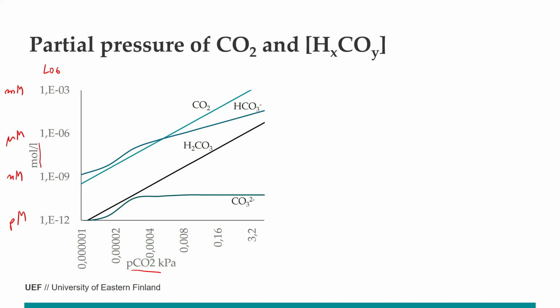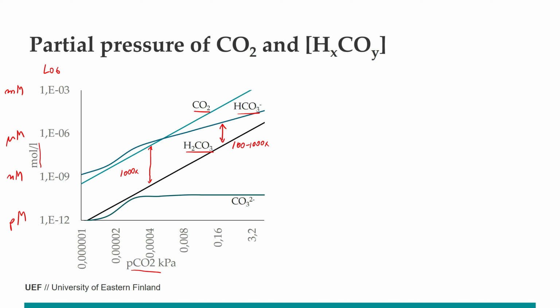And let's look first at the carbon dioxide and the carbonic acid. This black line is much lower than the blue line. And this difference is about 1000 times, because it's a logarithmic scale. But then we have the bicarbonate. And this difference is something like 100 times or 1000 times higher.